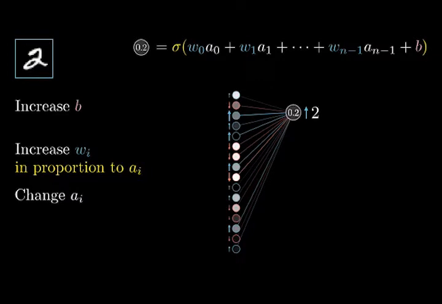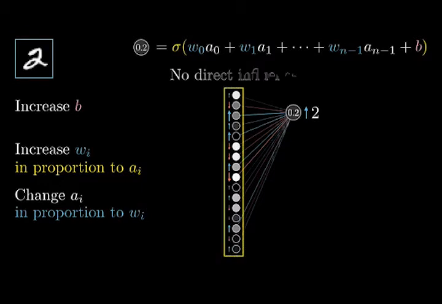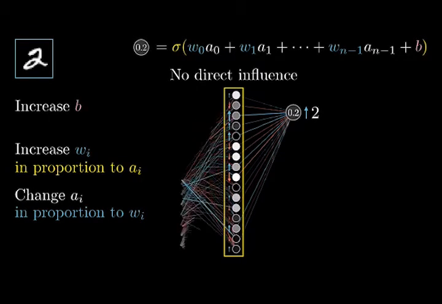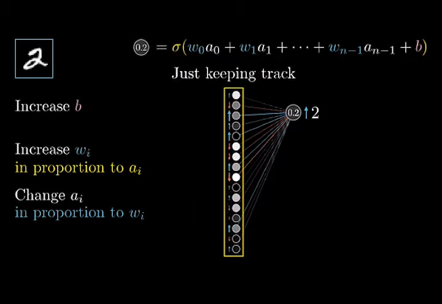And similar to the weight changes, you're going to get the most bang for your buck by seeking changes that are proportional to the size of the corresponding weights. Now, of course, we cannot directly influence those activations. We only have control over the weights and biases. But just as with the last layer, it's helpful to just keep a note of what those desired changes are.